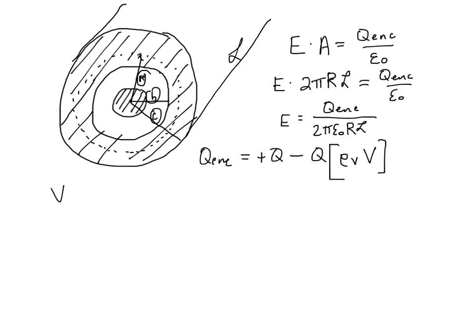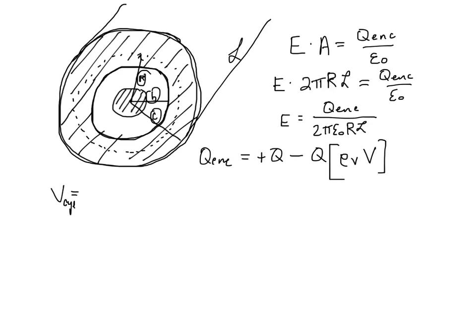The volume is going to be equal to the volume of a cylinder that goes around the entire outer perimeter, but then we have to subtract off the volume of a cylinder that had the inner volume. You could think of that as a tube.